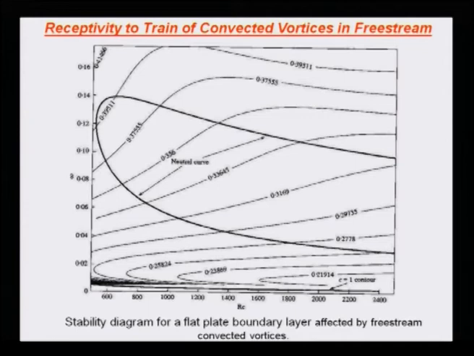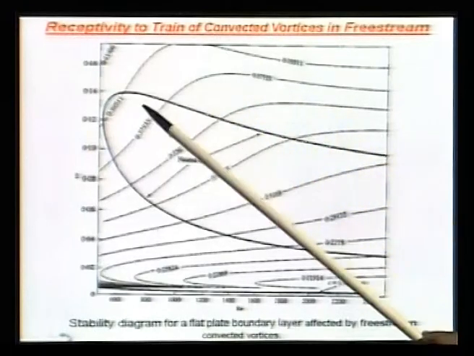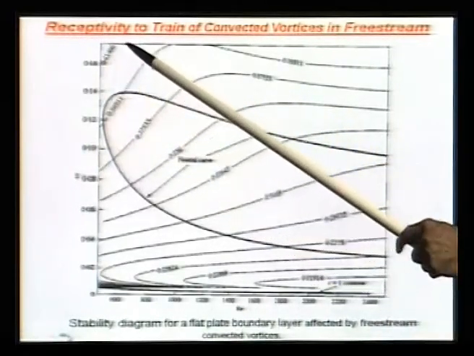And you also notice that there is a bit of selectivity of the value of C. We see that this curve is something close to 0.26. So anything below 0.26 is stable, anything above 0.4 also is stable.